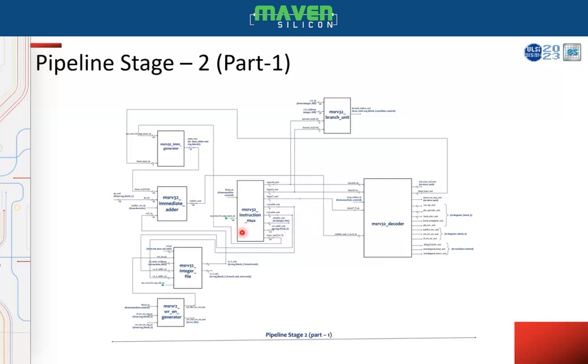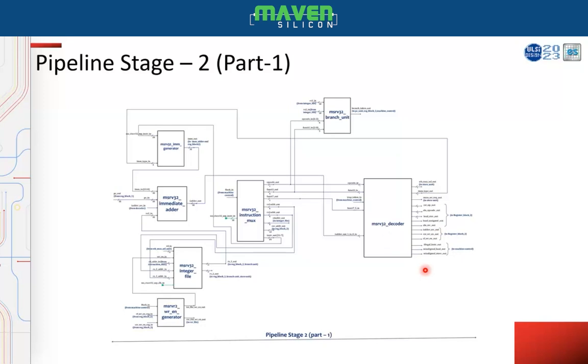So if you look at this instruction mux, it's going to fetch the 32-bit instruction and generate various operands like RS1 address, RS2 address and IM address output. All those signals will be generated by this particular mux, and this decoder is going to decode the instruction based on opcode, funct3 and funct7, and it generates various control signals.